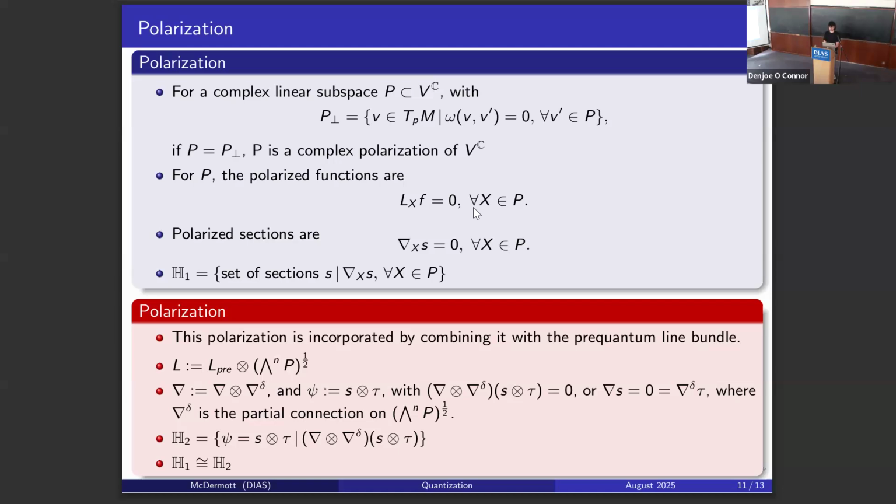Polarization is essentially like picking what you mean by X versus P. You're talking phase space, so you want to decide what your position is versus your momentum. Abstractly, you don't know that. If I think about doing this the old-fashioned way, I would have a symplectic space, and if I had a compatible inner product with the symplectic form on my symplectic manifold, then this is somehow already telling you what the Hilbert space is, right?